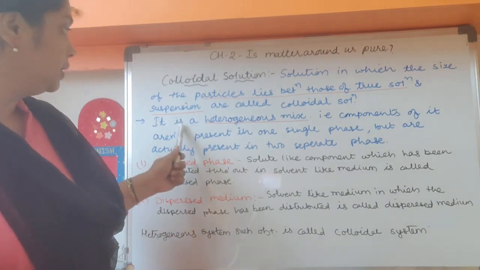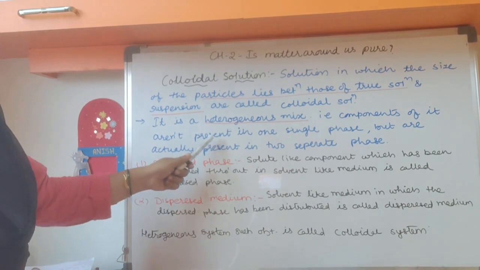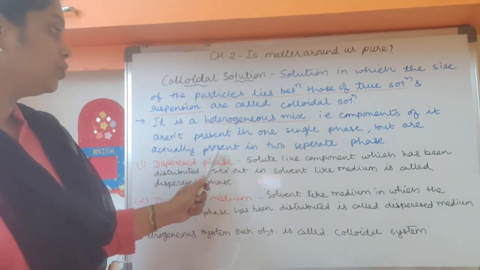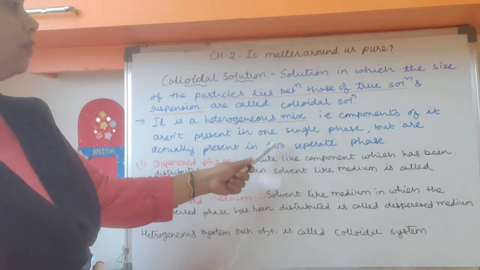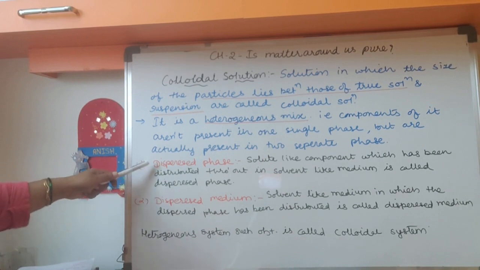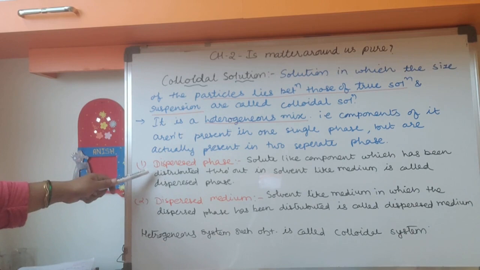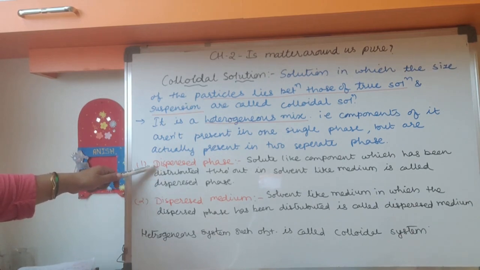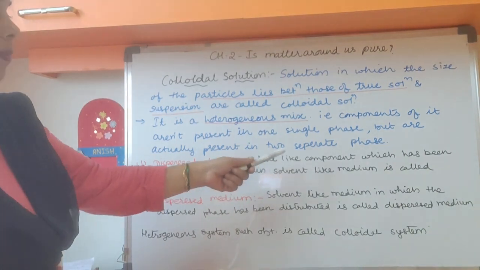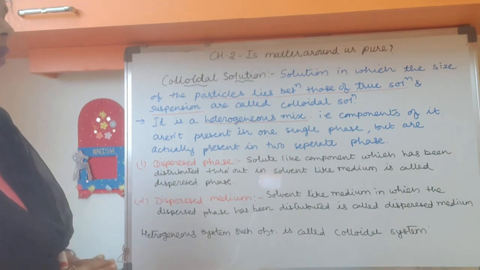Now it is a heterogeneous mixture. Its components are not present in one single phase but in two separate phases: the dispersed phase and the dispersed medium. The dispersed phase is the solute-like component which has been distributed throughout the solvent-like medium.